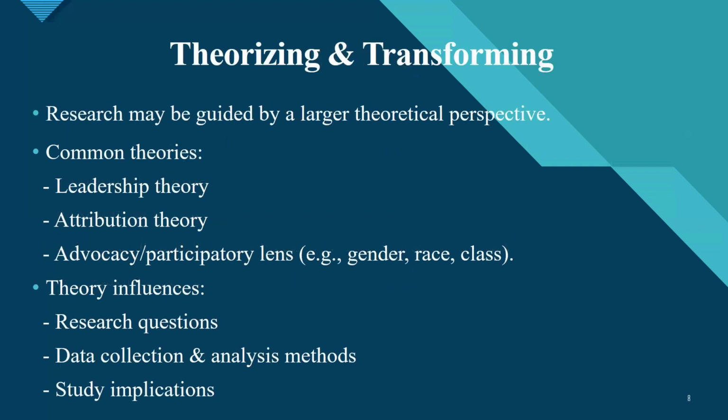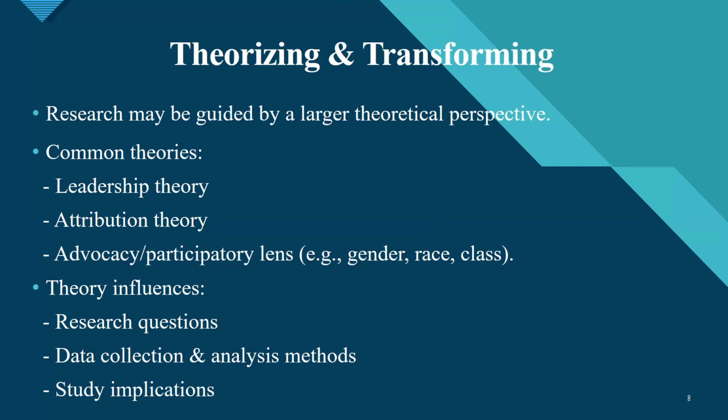Theorizing and transforming data. A strong theoretical foundation can guide a study. Researchers may draw from established social science theories such as leadership theory or attribution theory. Alternatively, they may adopt a broader perspective like an advocacy or participatory lens, focusing on issues of gender, race, or class.